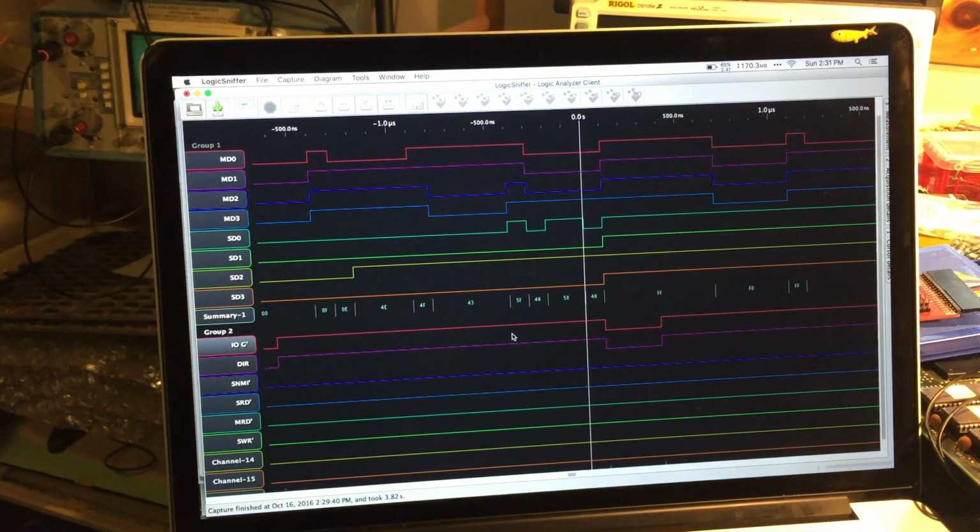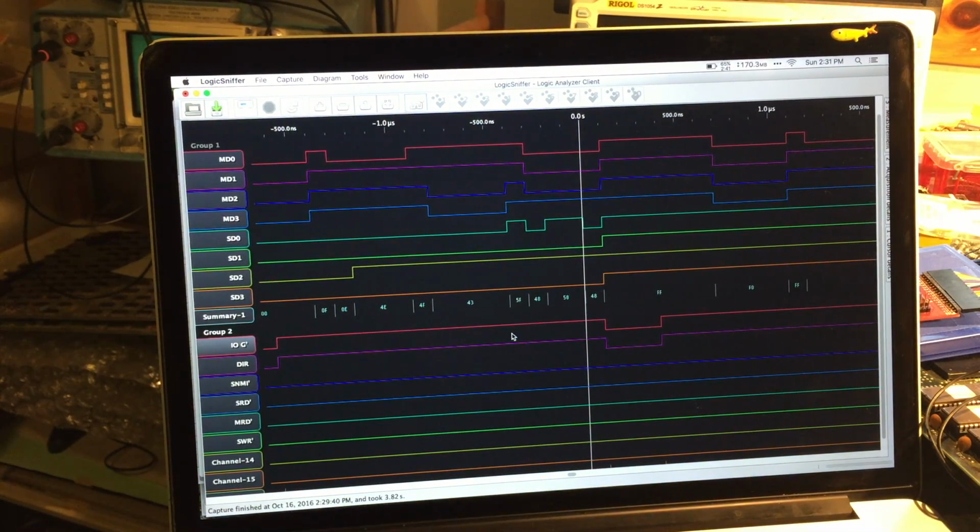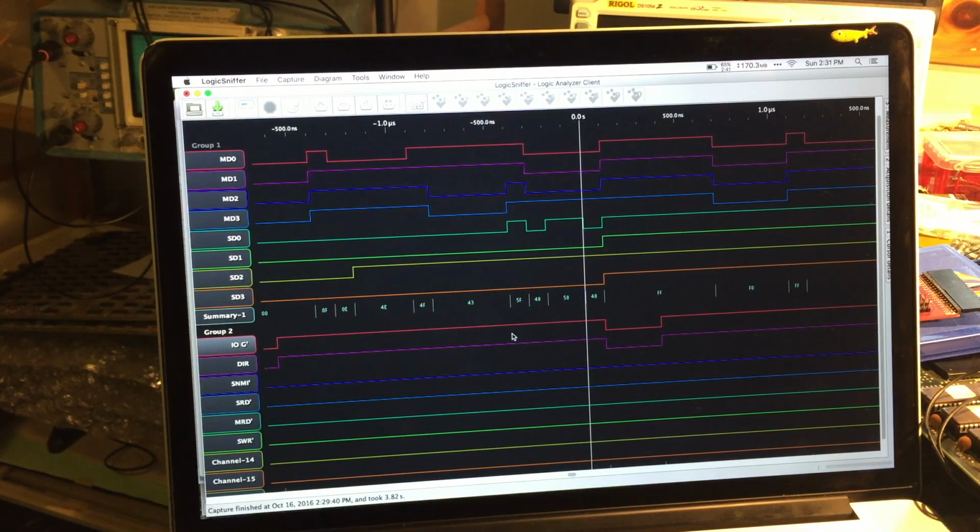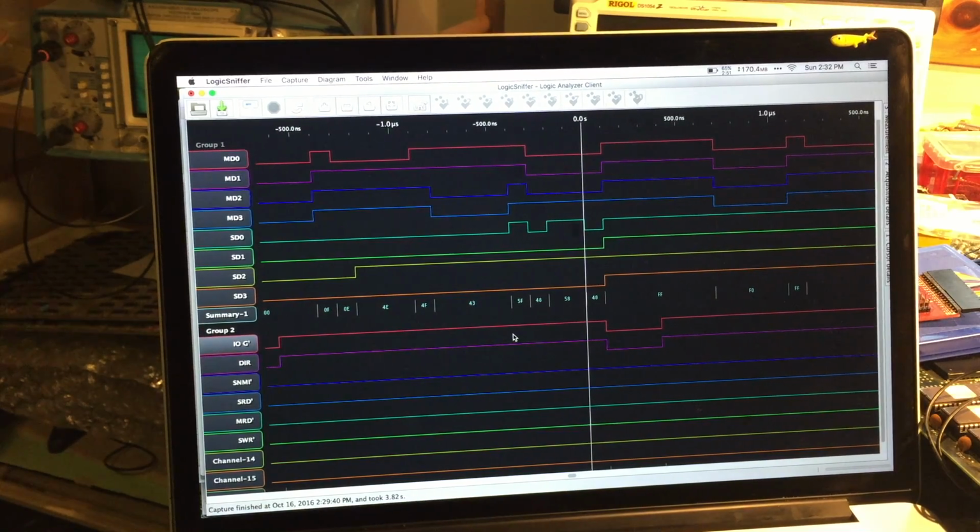So the chip itself seems to be working, and I wasn't seeing any high when I measured it at the custom interface chip that goes between the two CPUs. So I think there might be a broken connection between this chip and the interface chip that connects the two CPUs. So I'm going to investigate that.